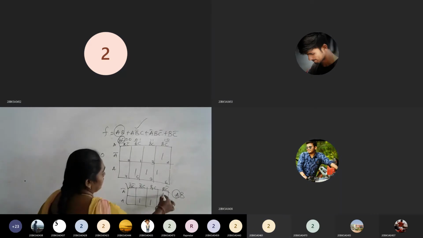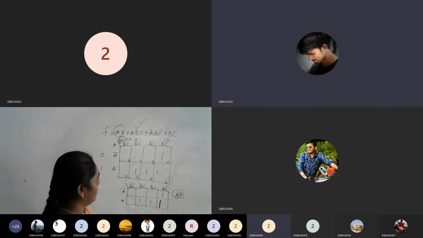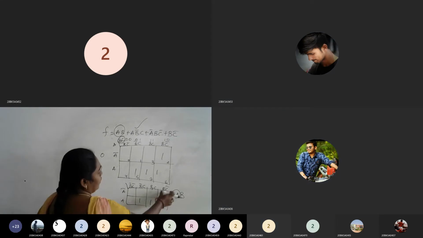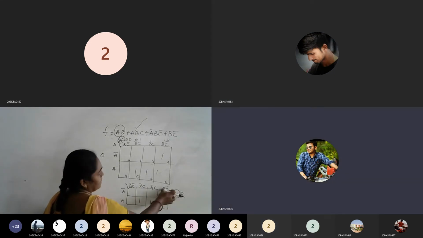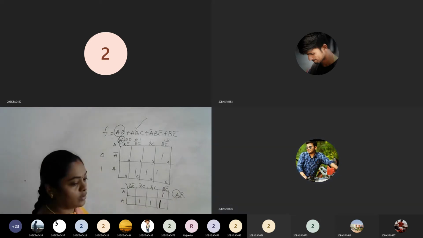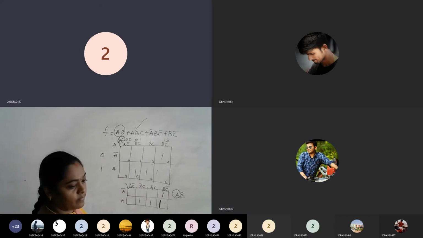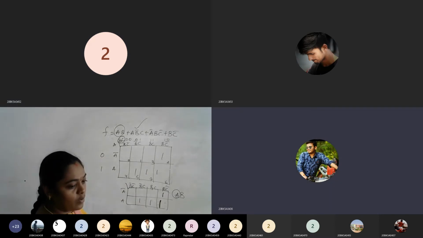First row, fourth column. Very good. B C bar is the fourth column, as A is missing, A may be either A or A bar. So B C bar is the fourth column. Already we have written 1 and 1 in the fourth column. Are you getting both the same? Is it clear at least now?